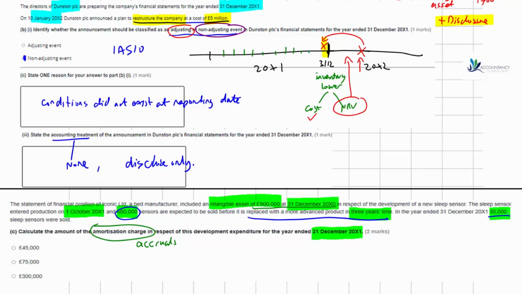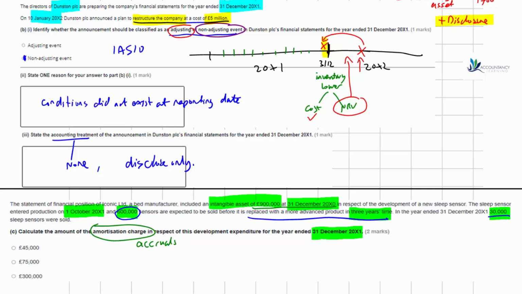So what we want to do then in terms of this accruals concept, remember accruals is also called the matching concept because we want to match the benefits with the costs. So for every time we sell one of these sleep sensors, we'd want to recognize the cost of one of those sleep sensors. So given that they've given us the actual numbers here for planned sales and actual sales so far, it would be more realistic to amortize this intangible asset using their production figures rather than simply spreading it over time.